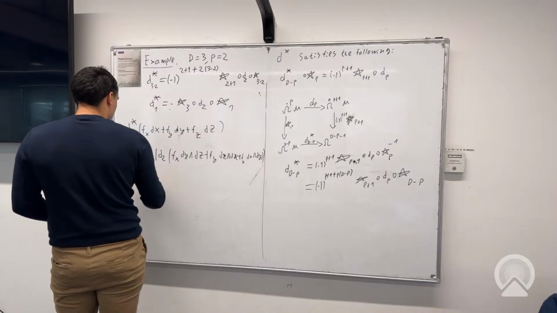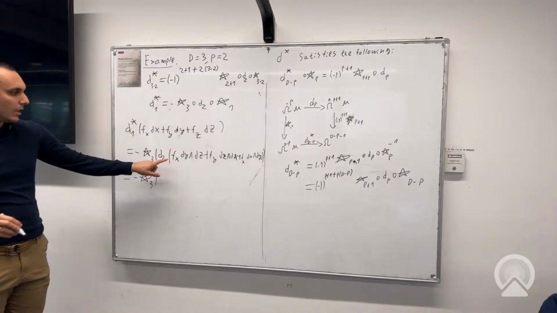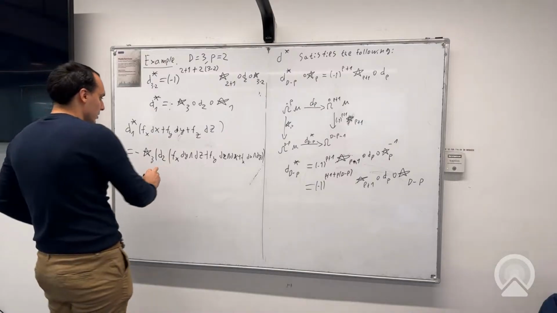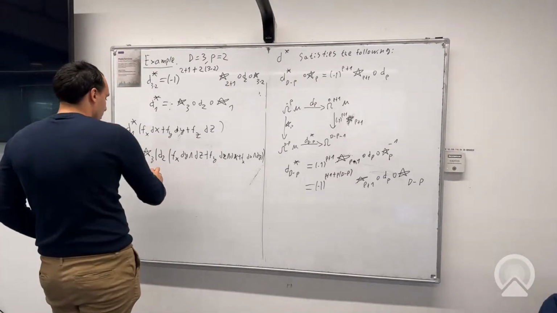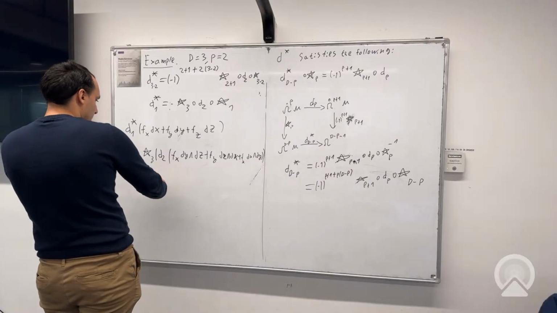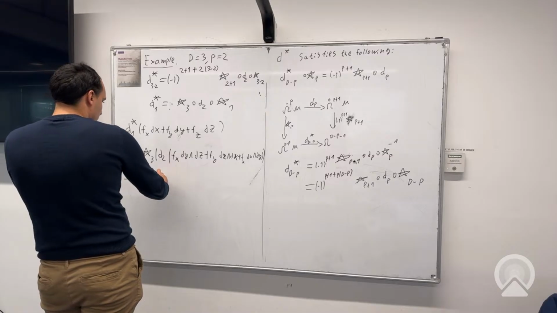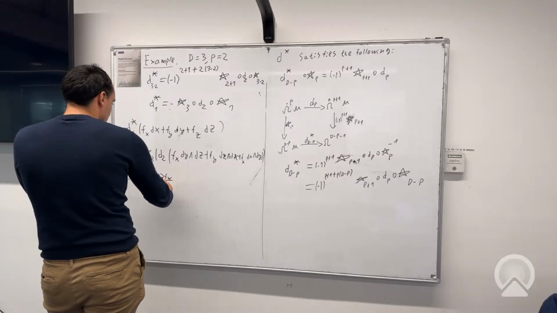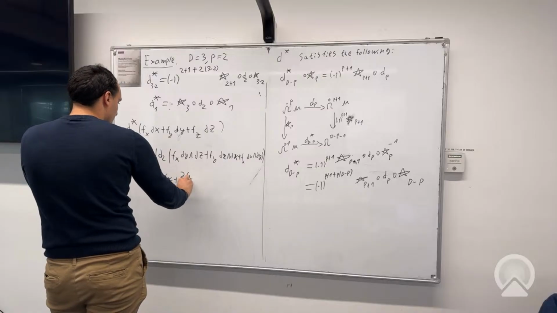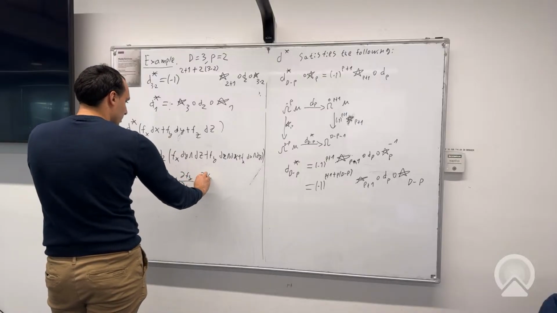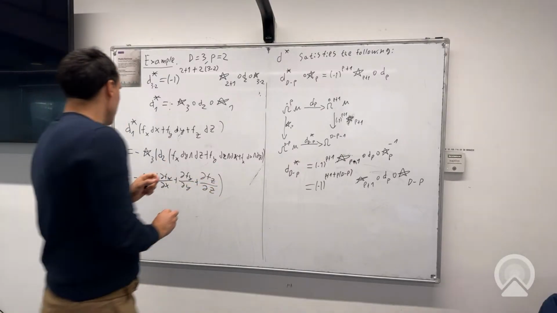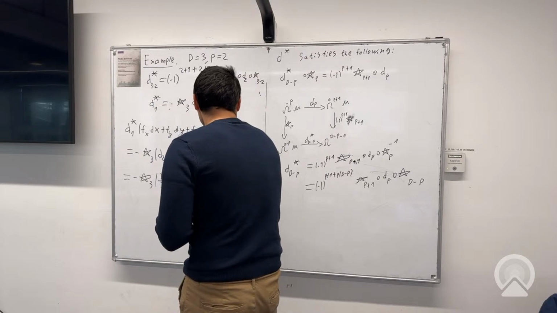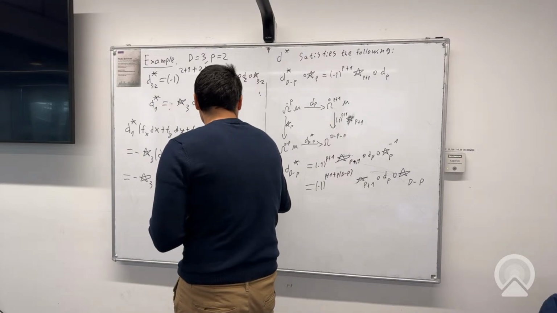This is minus star 3. And this last time we saw like divergence. So this will be minus divergence. So this will be minus, dfx dx plus dfy dy plus dfz dz, dx wedge dy wedge dz.